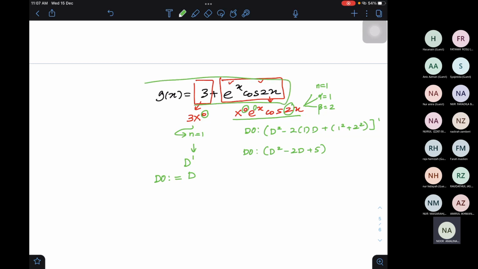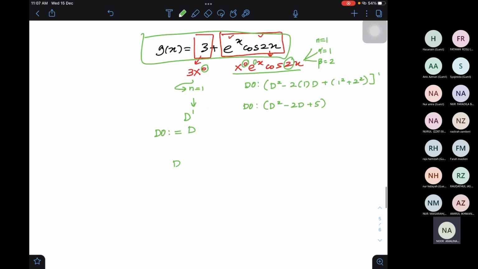So what is the differential operator for the whole function here? It will be D with D square minus 2D plus 5. Ni adalah differential operator untuk you punya gx. Yang ini nanti akan help kita untuk find the form of yp. Okay, settle untuk cari differential operator.